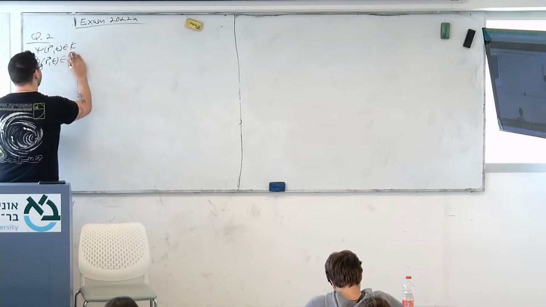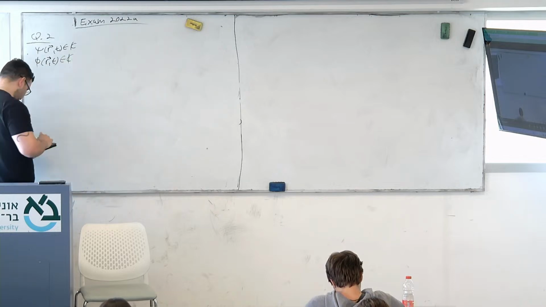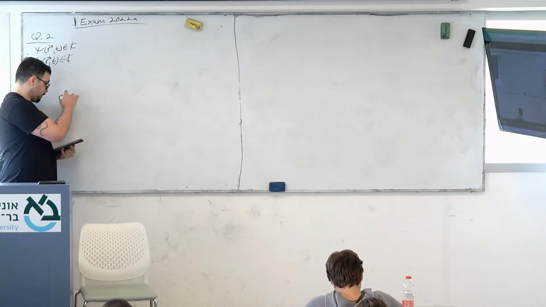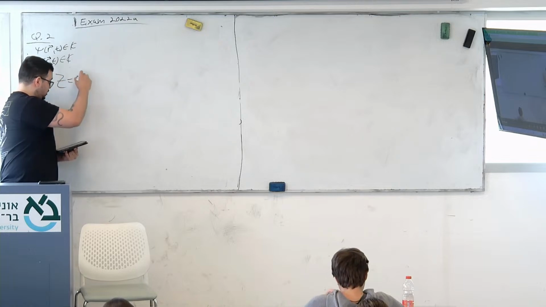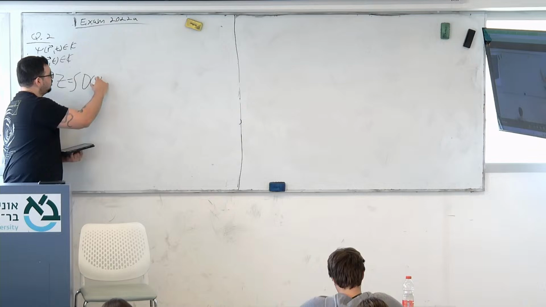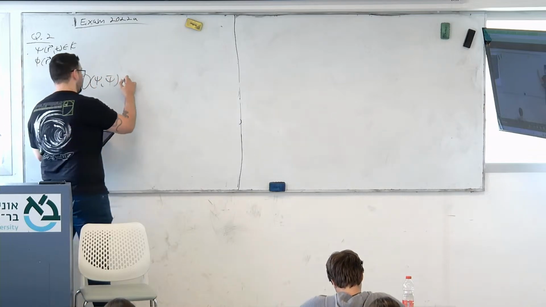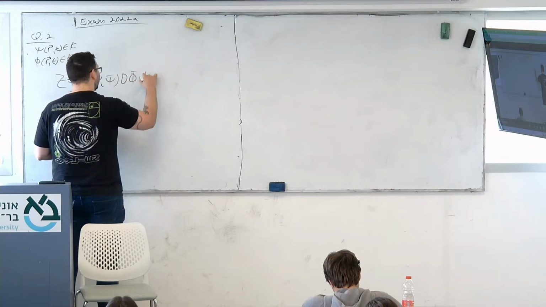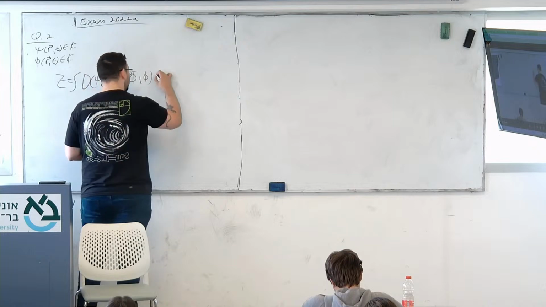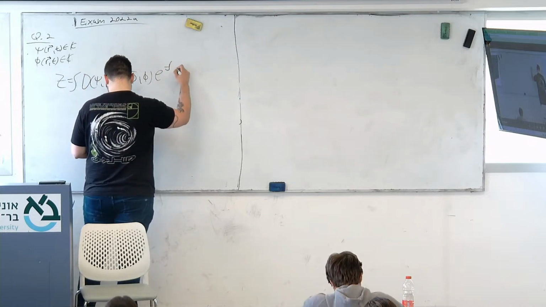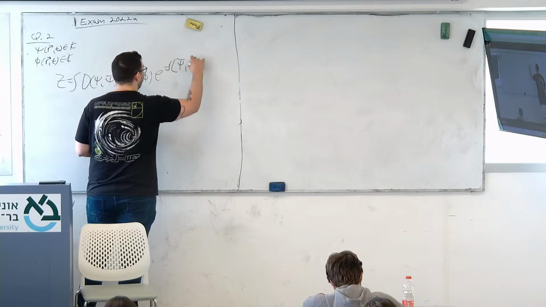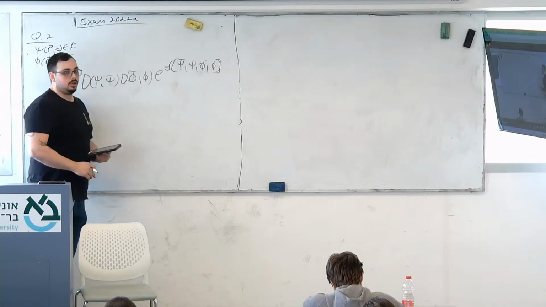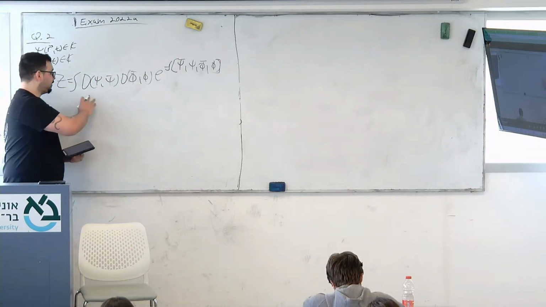All right. Okay. Now, why is it important? Again, we see it in the partition function. Z equals the integral over psi, psi conjugate, phi, e to the minus S. Now again, you don't need to be worried about these capital D's.